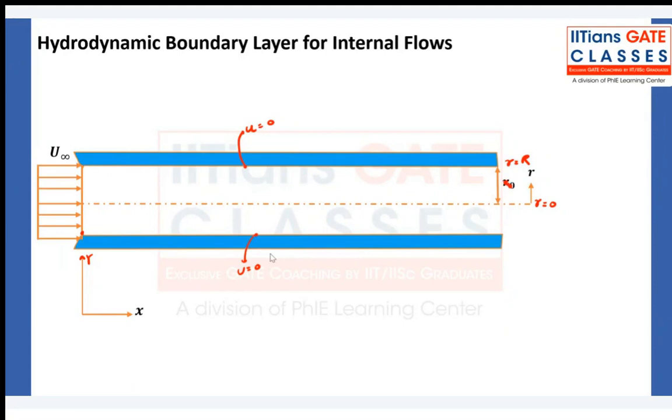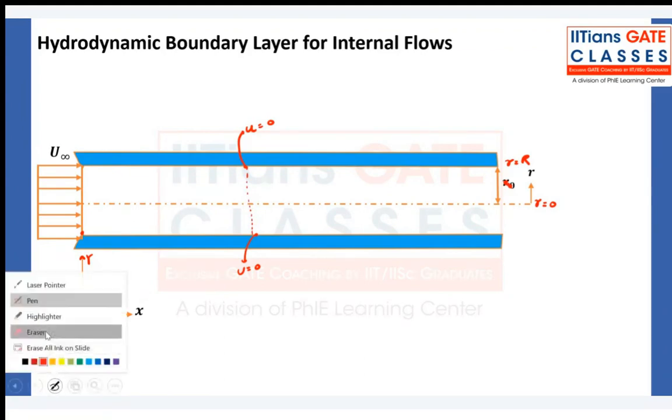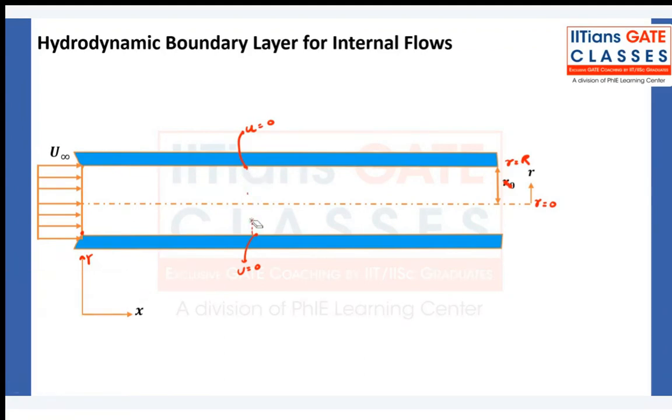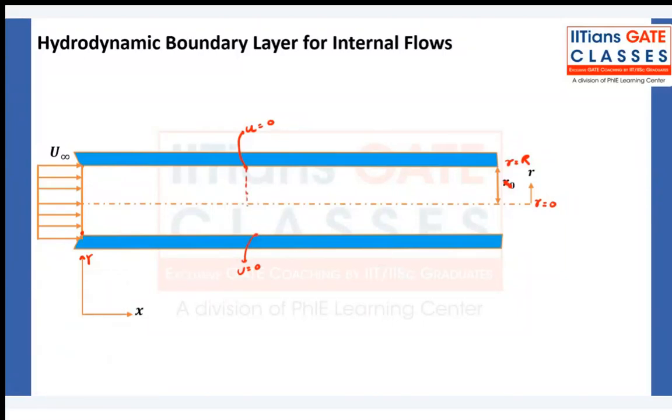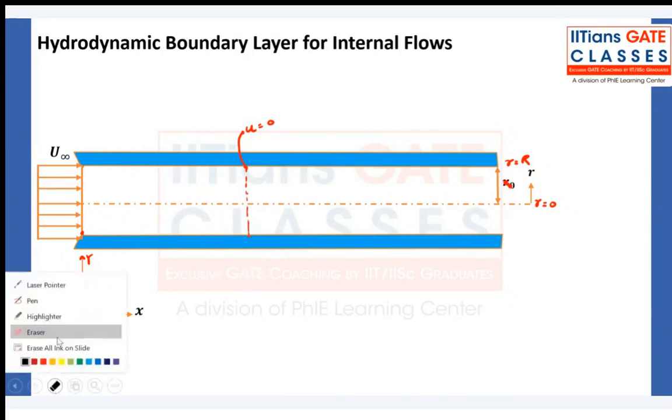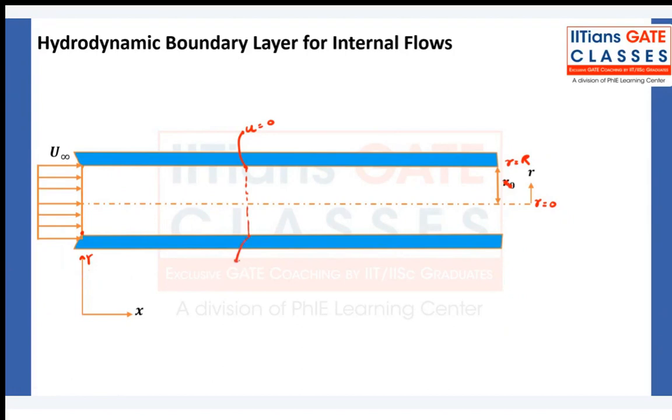But this time, what will happen? The velocity is going to vary from 0 at one boundary to 0 at another boundary.